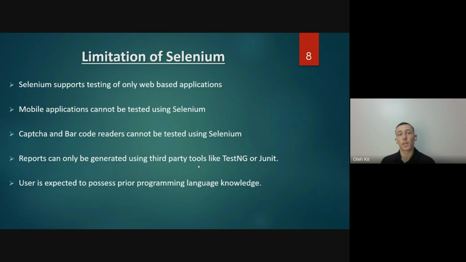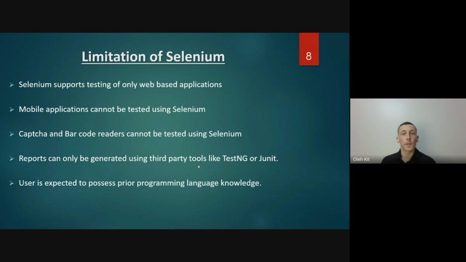But of course, you can use a browser extension that gives you a mobile view. It's not the same as a real device, but it can cover most of the cases that you need.